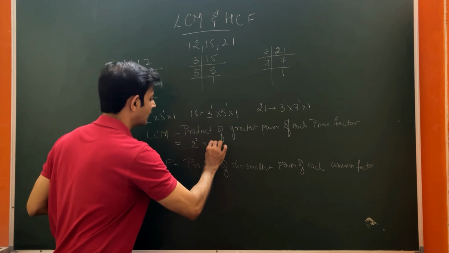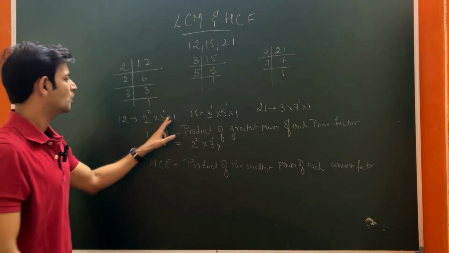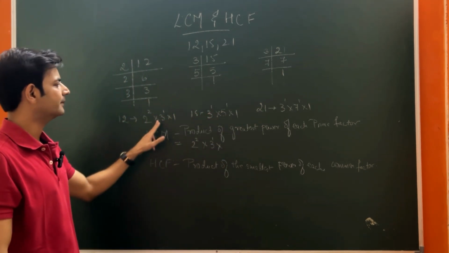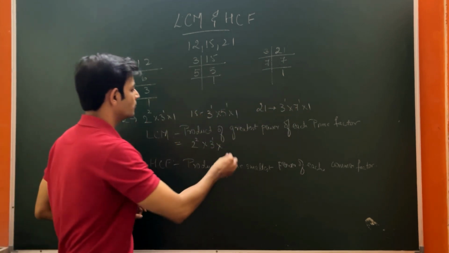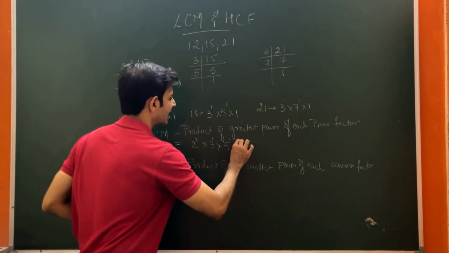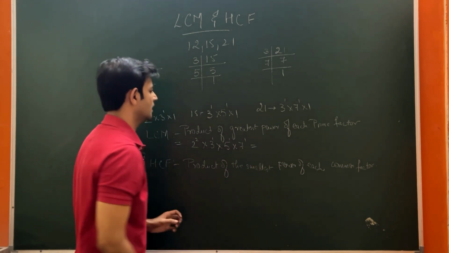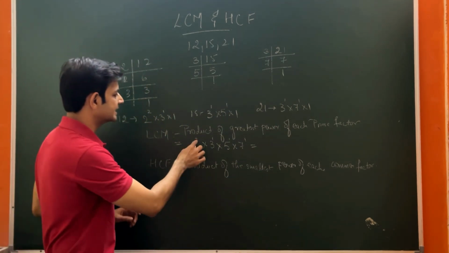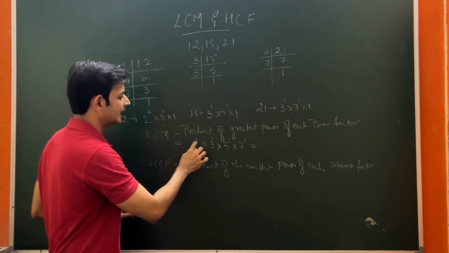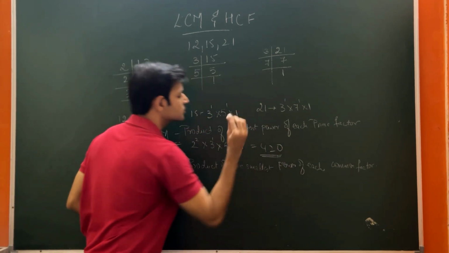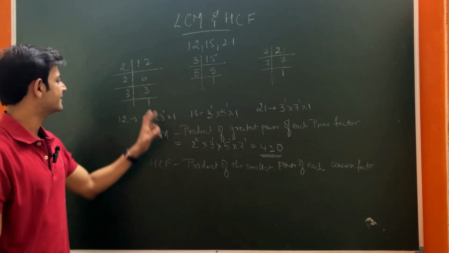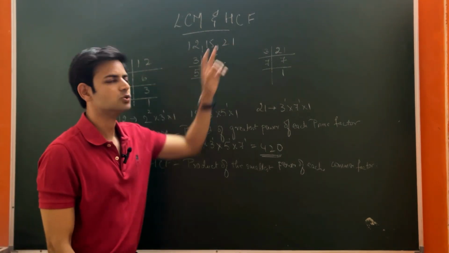Then 5 is not available here, but it is there for 15, so we will take 5 power 1, and similarly 7 power 1. When we multiply, this is 420. So 420 is the LCM for 12, 15 and 21.